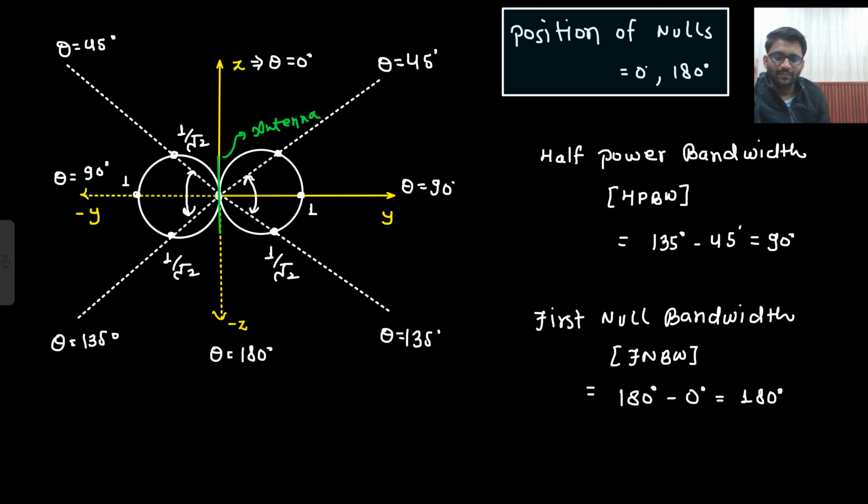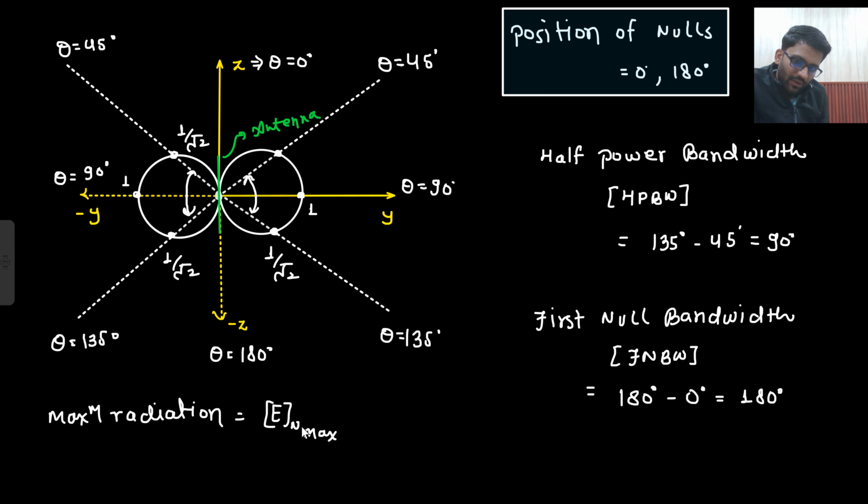Okay. So this you got. And what could be the other point? The other point could be where you are getting the maximum radiation. Maximum radiation means the maximum value of the normalized electric field, and that you are getting at theta equals 90 degree.